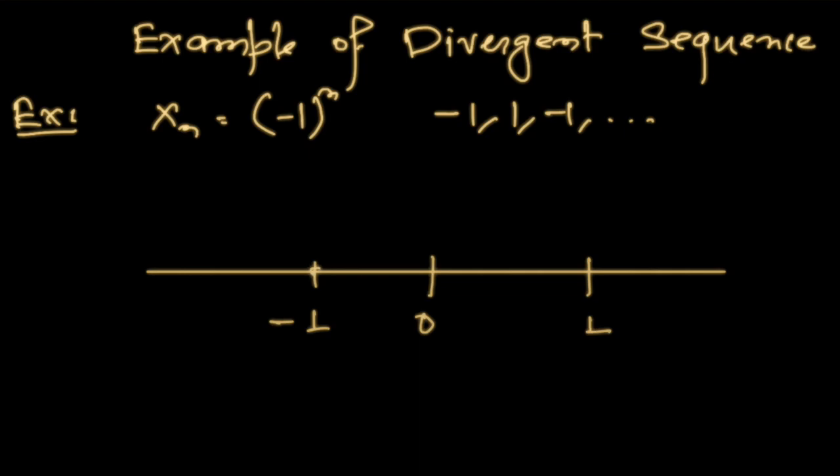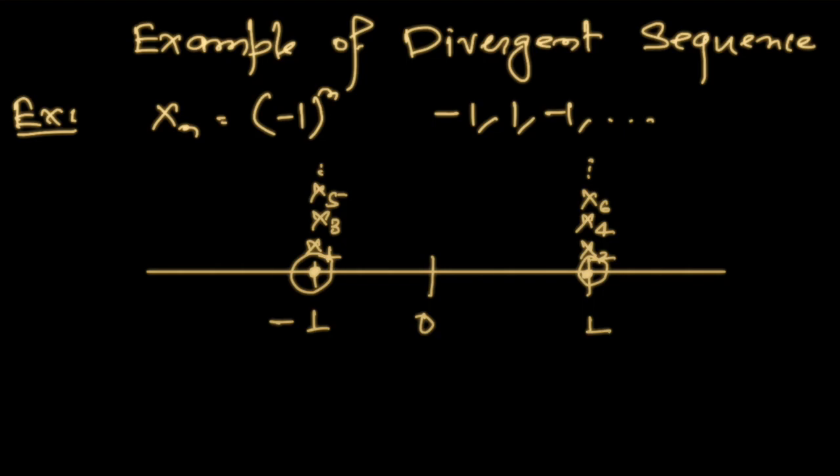So the first term will be here, I will say x1. The second term will be here, call it x2. Similarly, third term, fourth term, fifth term, sixth term, and so on. All odd terms are here and all even terms are here.